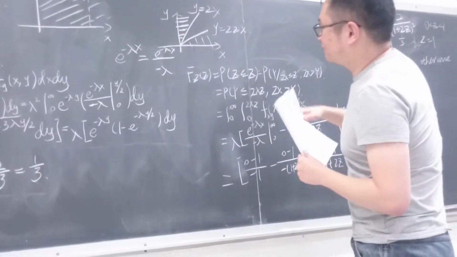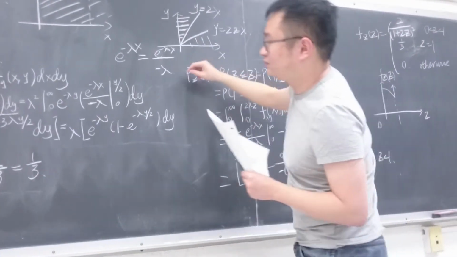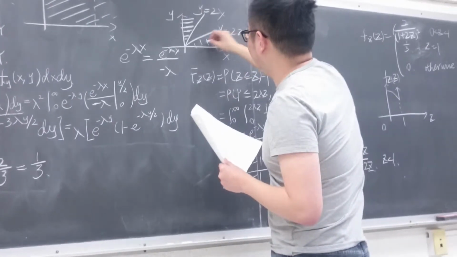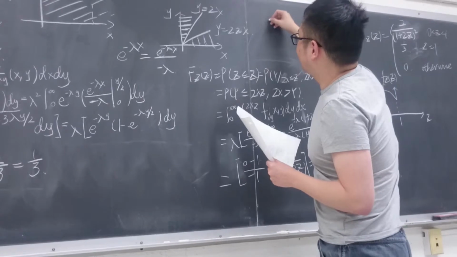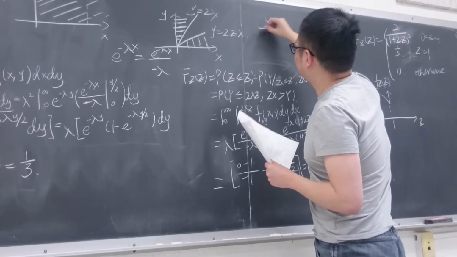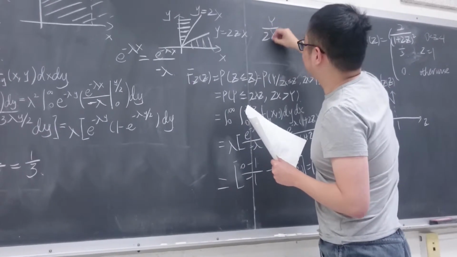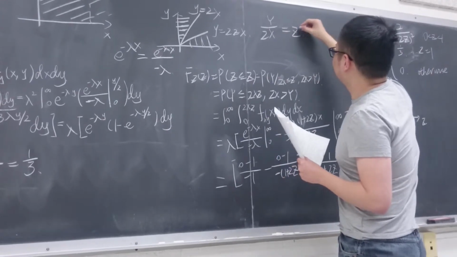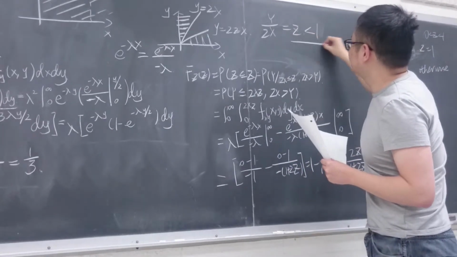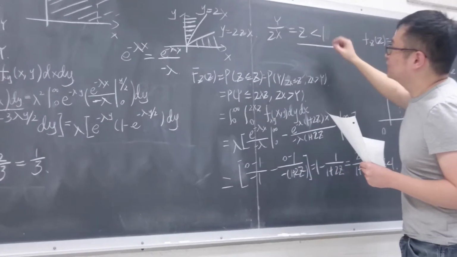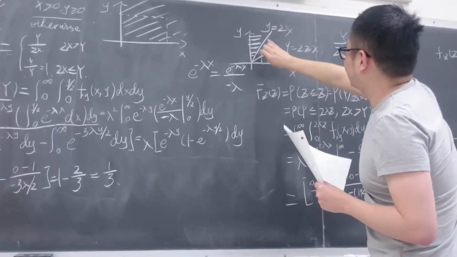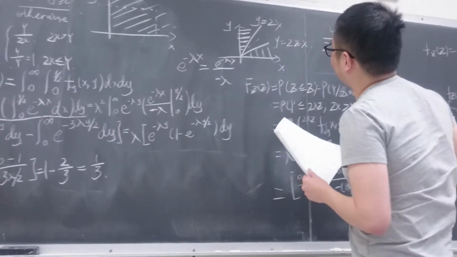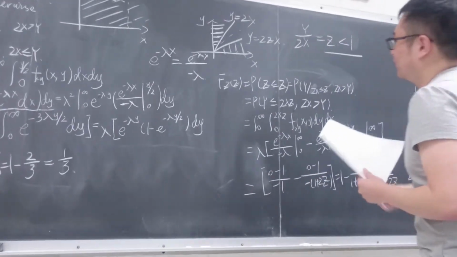The second part is to do the integral of this area. Because y is smaller than 2x, this Z value has to be smaller than 1. So the graph would be like this. It cannot pass over the line y equals 2x.